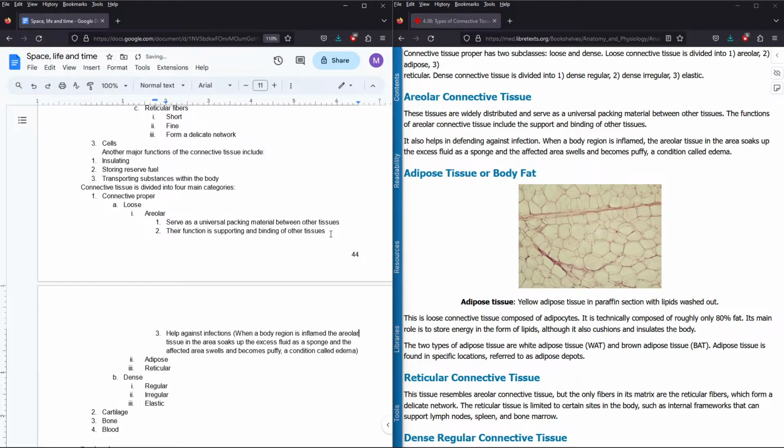That's edema. My medical pronunciation is just too perfect.